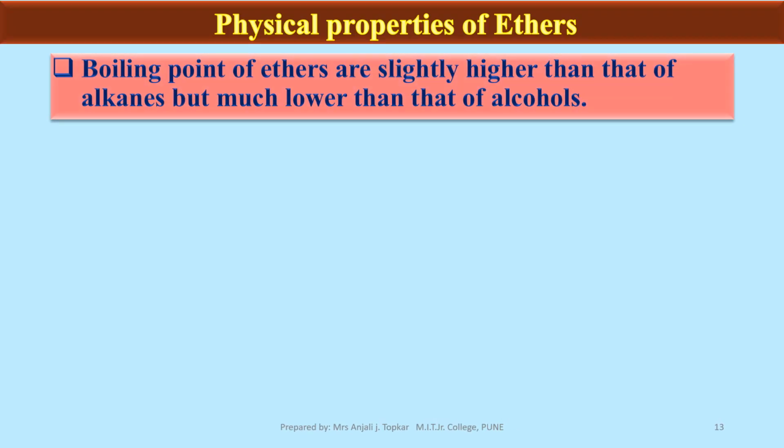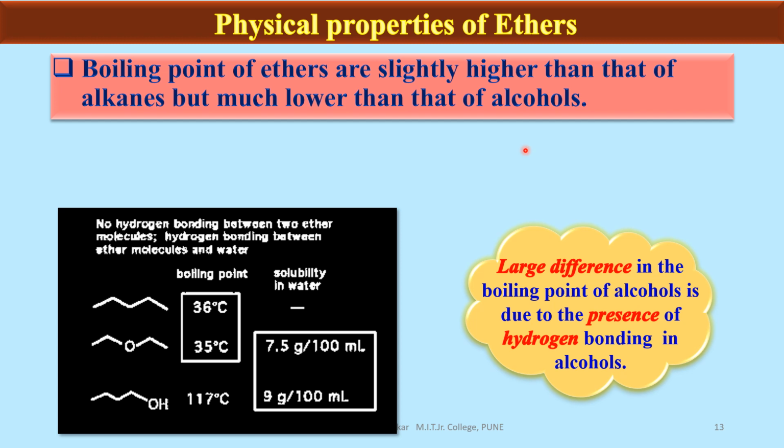The boiling points of ethers are slightly higher than those of alkanes, but much lower than those of alcohols. As can be seen here, this is an alkane, the bond line formula. This is an ether, and this is an alcohol.